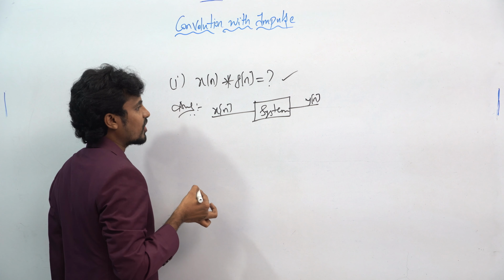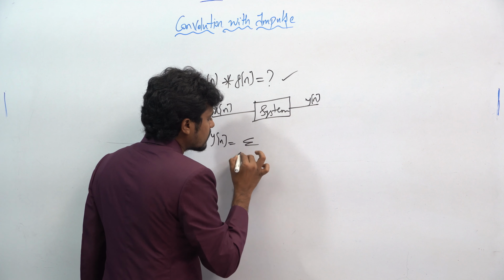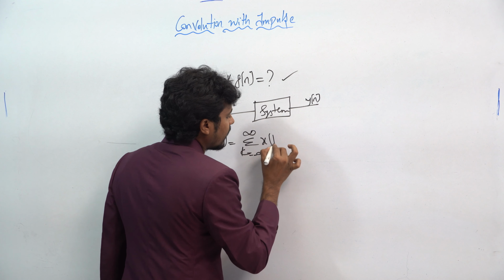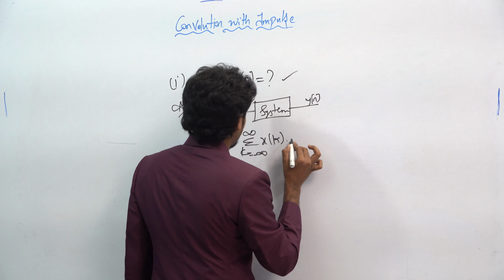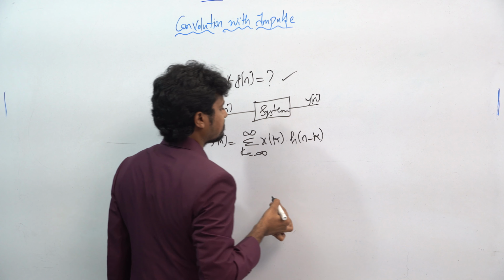The formula for y of n is the summation of k equal to minus infinity to infinity of x of k into h of n minus k.